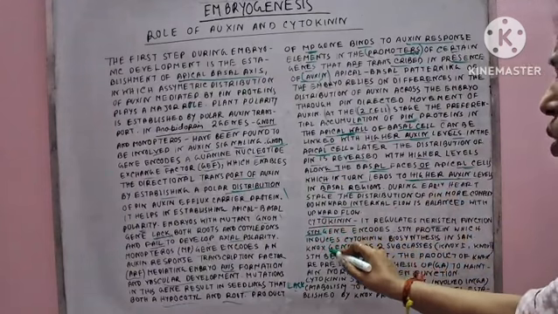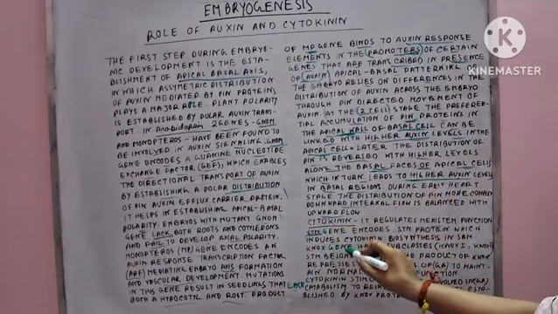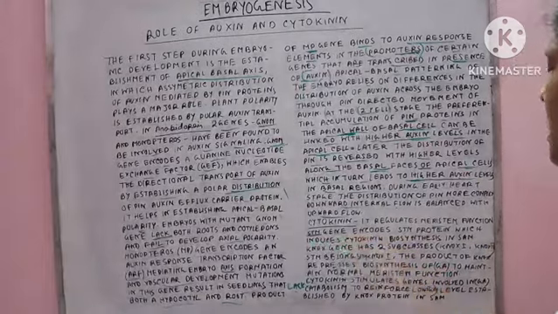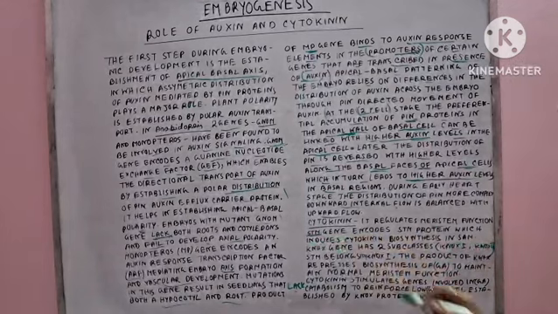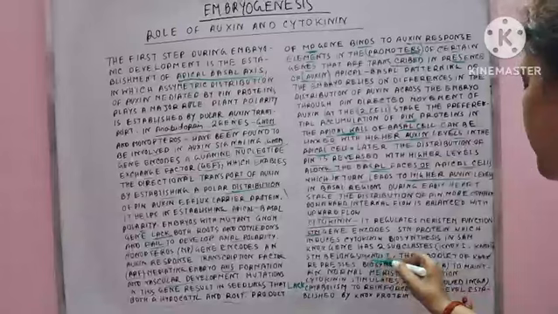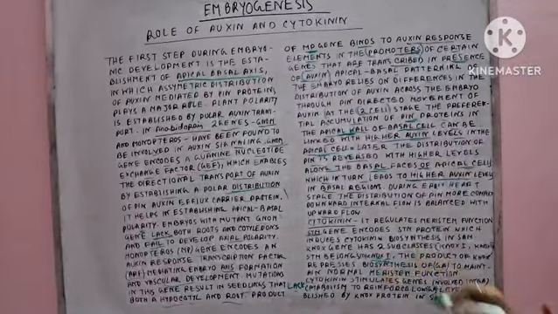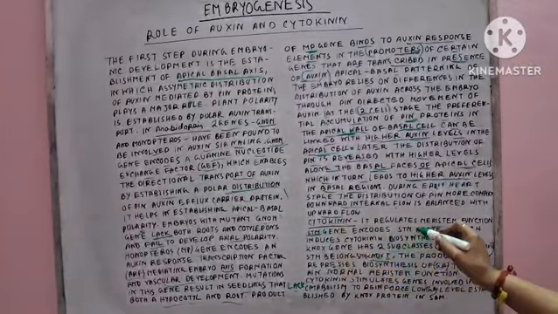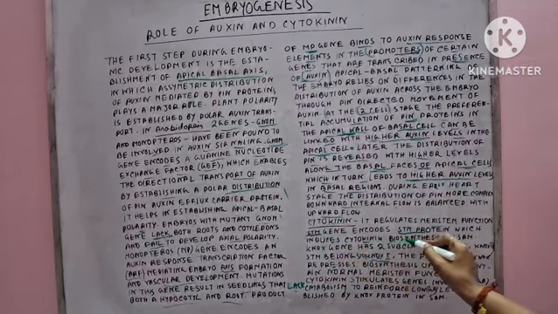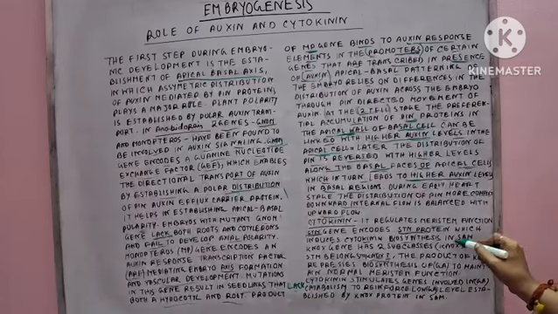The KNOX genes have two subclasses, KNOX1 and KNOX2, and the STM gene belongs to KNOX1. This STM gene encodes the STM protein, which induces cytokinin biosynthesis in the SAM.